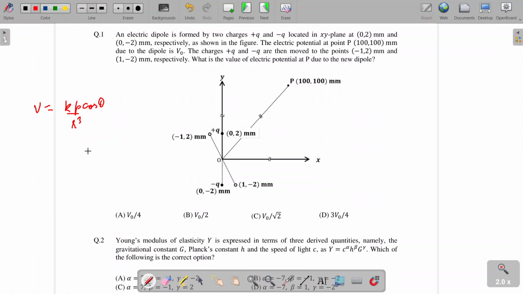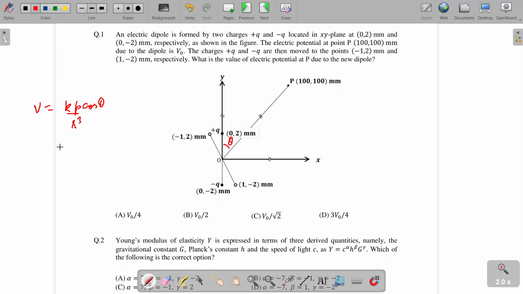This is the electric potential of the dipole, right? So here the angle theta is this one. This angle which we have, this is the theta angle.